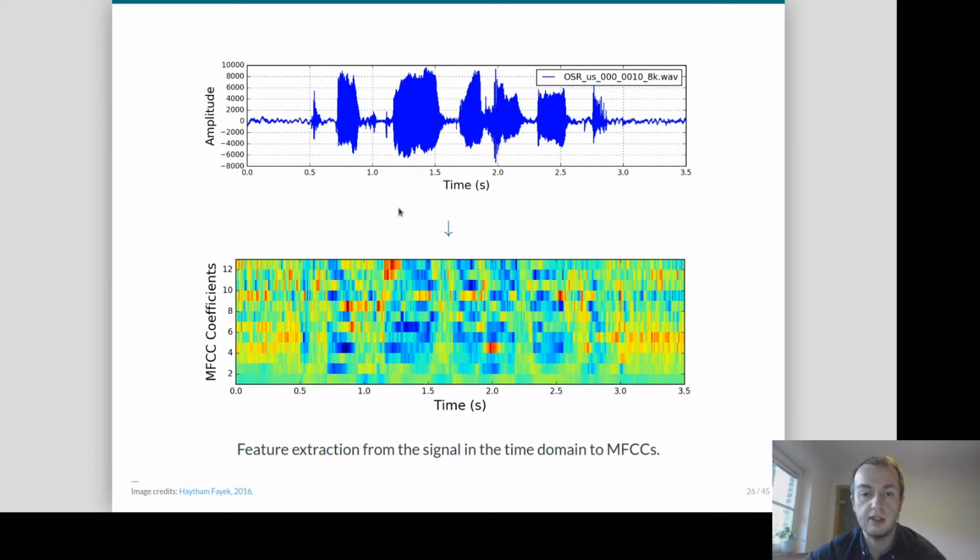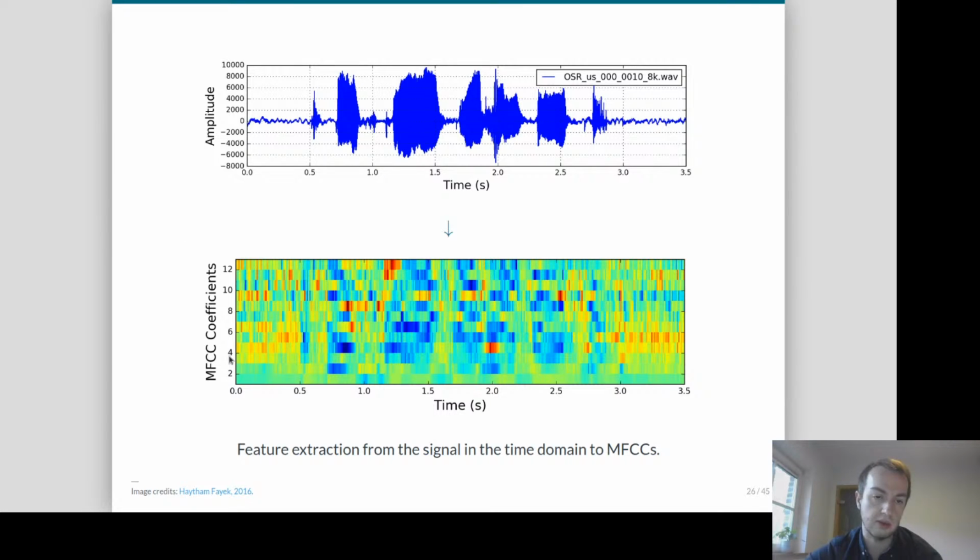And if you do that, you would arrive at this representation. We would start from this waveform, and then transform it into MFCC coefficients, or rather a sequence of MFCC vectors, right?